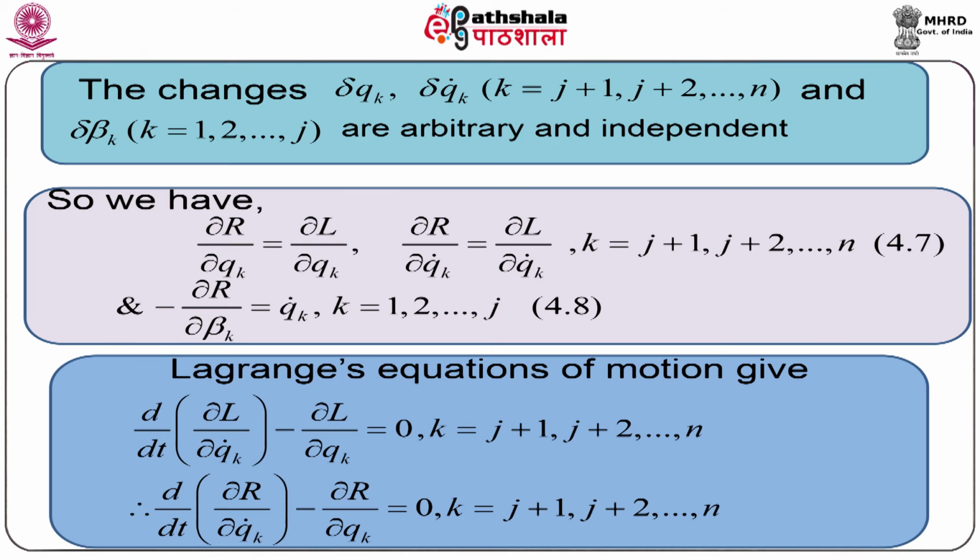By Lagrange's equation of motion, we have d/dt of del L del qk dot minus del L del qk equal to 0 for k equal to j plus 1, j plus 2 up to n. Please note that there are first j cyclic coordinates which are q1, q2 up to qj.